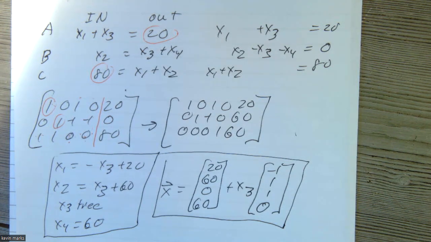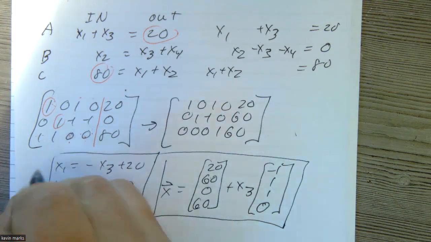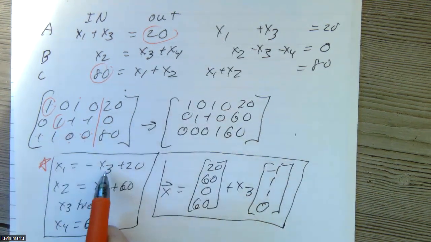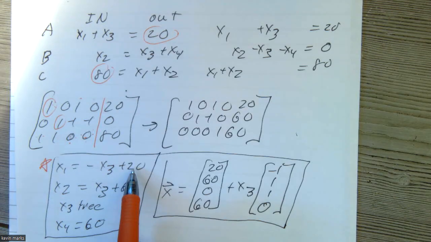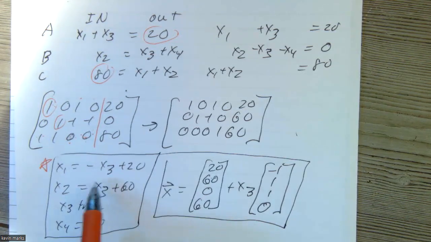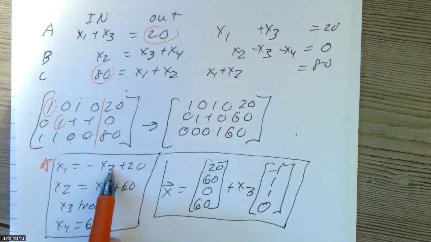Well, the key to that one would be realizing what x1 is doing, right? Because think about that. If x3 were anything bigger than 20, then this would be a negative number larger than 20. And when I add 20, whoops, you'd have a negative number, right? I mean, like here, it doesn't matter. X3 can be as big as he wants. If I add 60 to it, it's just going to get bigger. All good. But here, that's a problem, right?